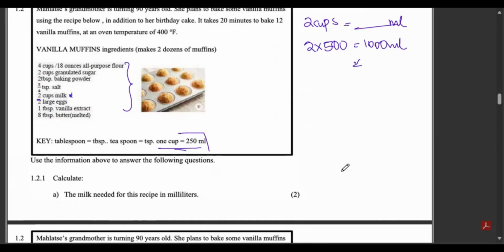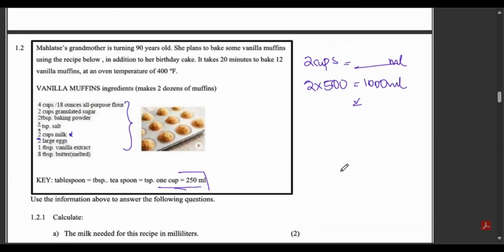Now, what if they asked you how much milk you will need for 60 people or 60 muffins?